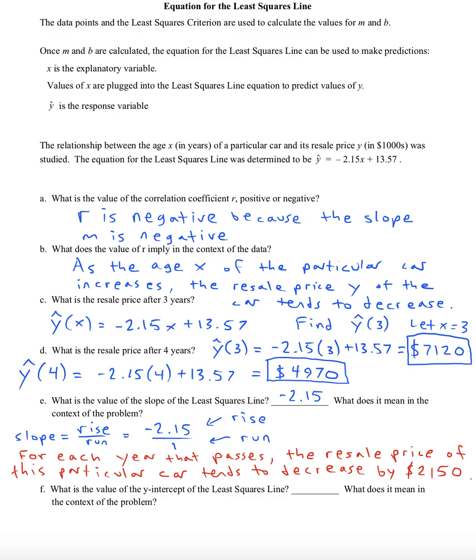Okay, then lastly, what is the intercept, the y-intercept here? The value in the equation that is in that spot is 13.57. But what does it mean in the context of the problem? Well, the intercept is often thought of as an initial value.